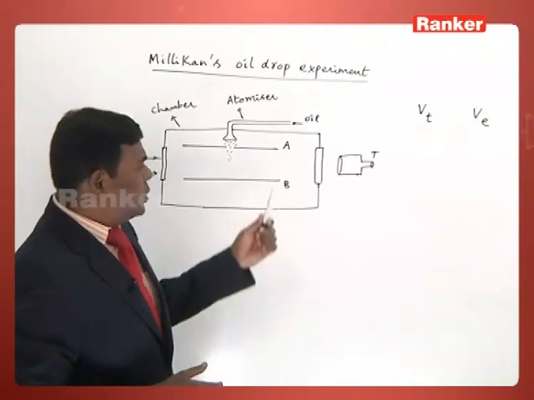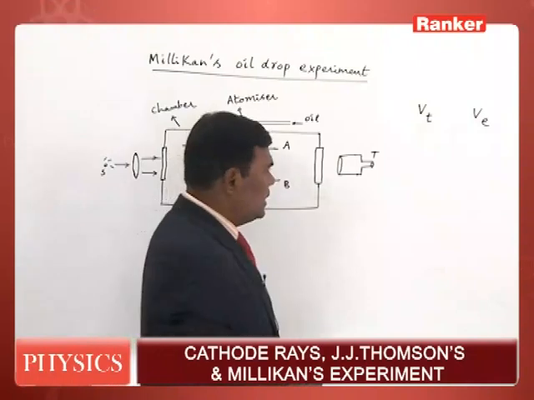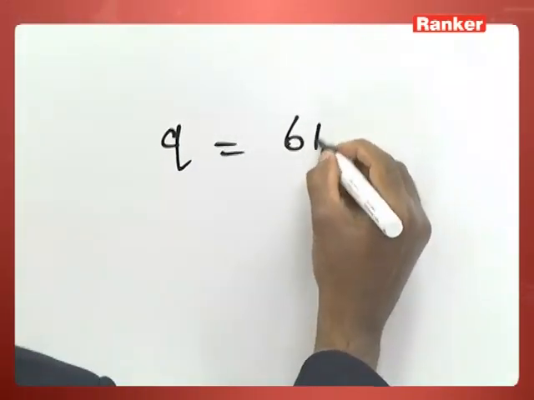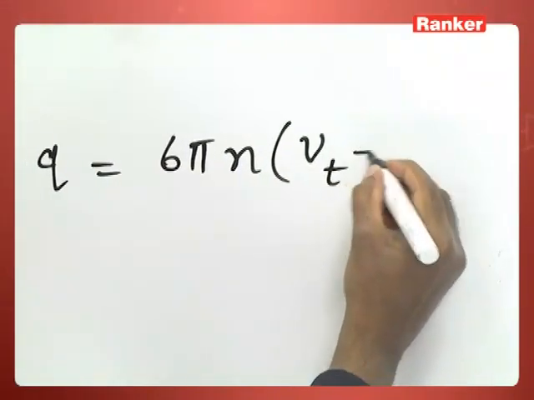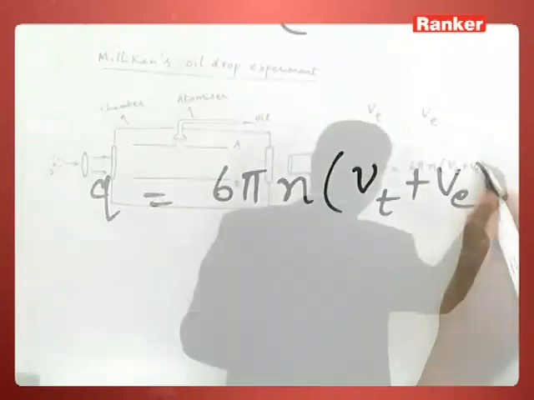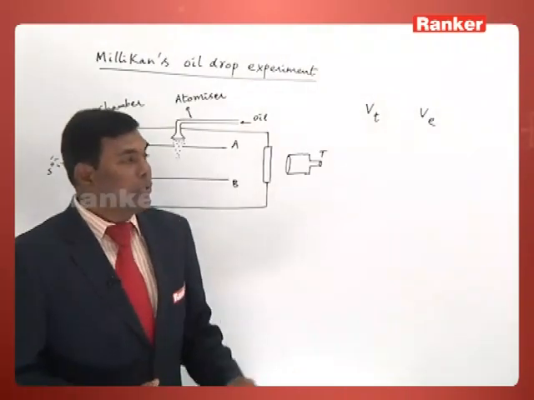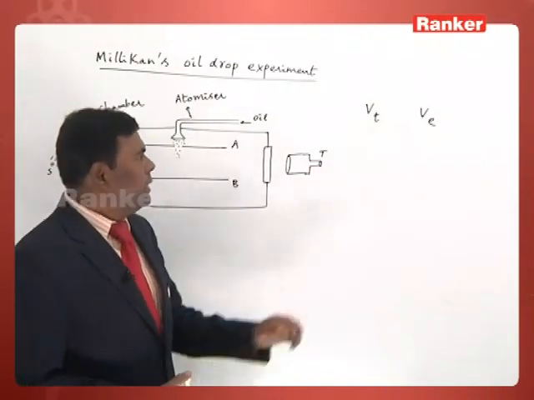Now knowing these two values, we can determine the charge on the oil drop using this expression. Q is equal to 6 pi eta multiplied by (Vt plus Ve) divided by E.